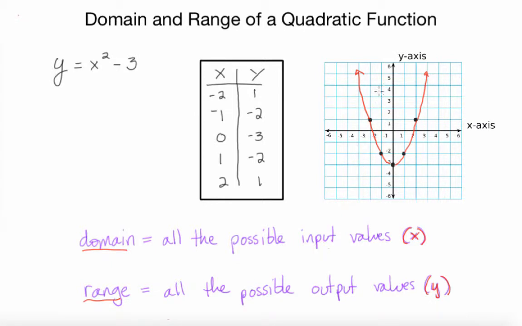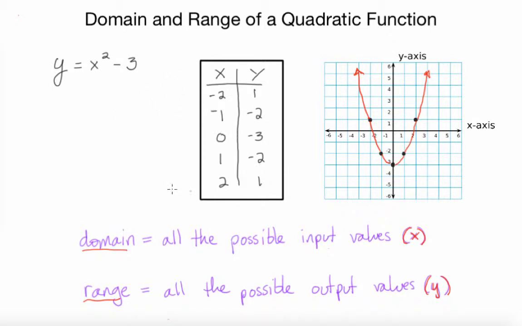I can see this on my graph here as well. My parabola comes down, levels off, hits a minimum point, and then starts to increase back again. And parabolic functions, quadratic functions, go on and on to the right and to the left. So we've got the little arrows there on the ends as well.